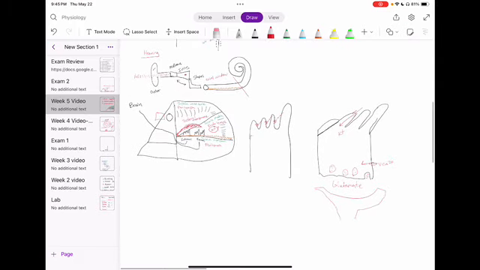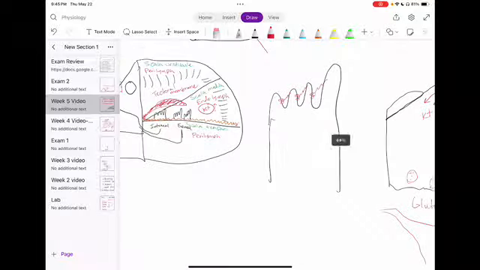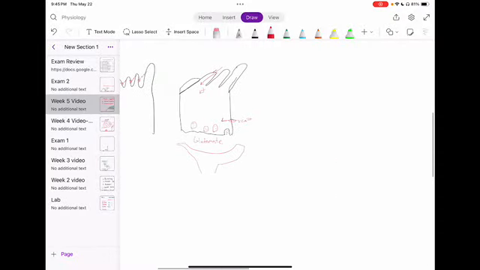So the external hair cells, the way they regulate is they have these proteins on the side. This is called prestin.